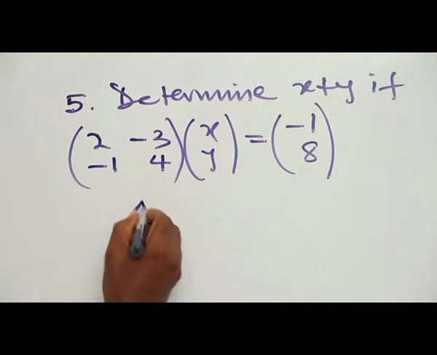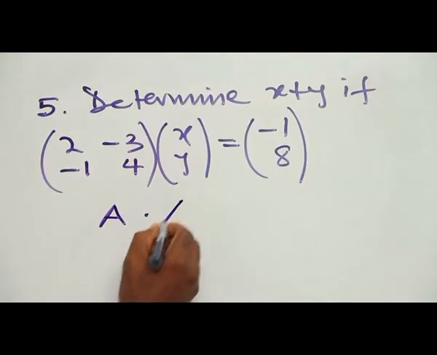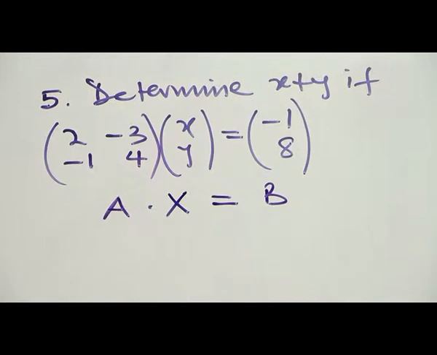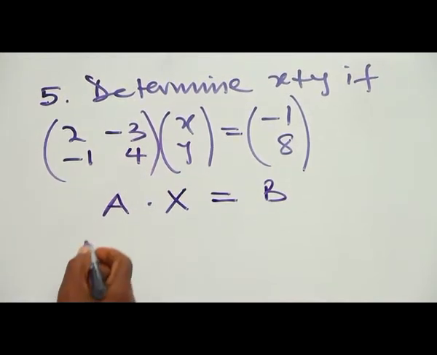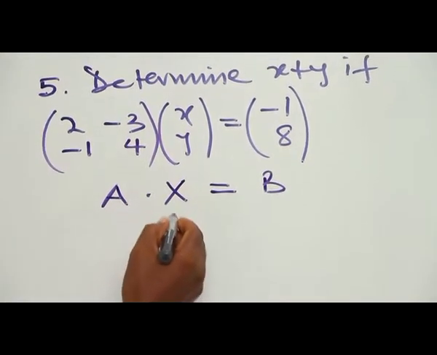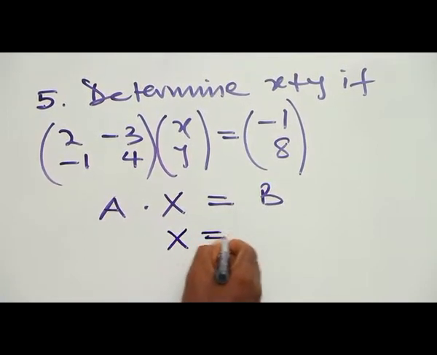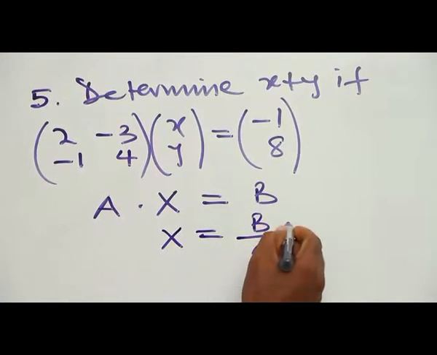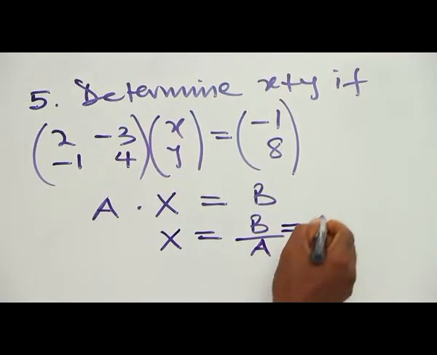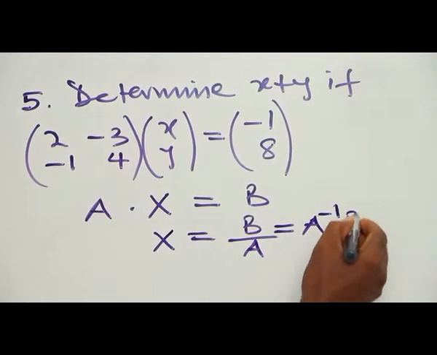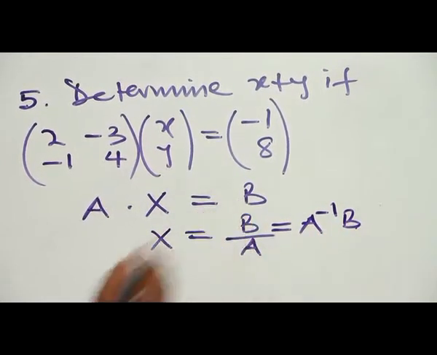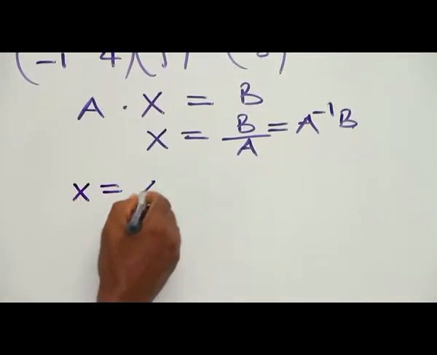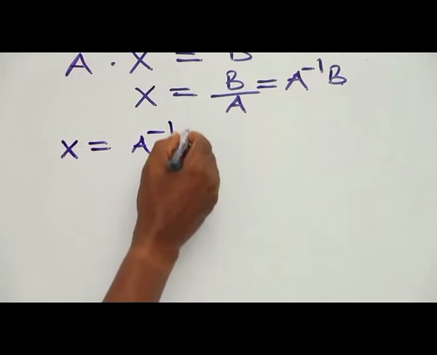It is like saying the matrix A times S is equal to B. Usually, we are to look for the value of S, and that means we are dividing B by A. And the division by A means multiplying the inverse of A by B. Remember the laws of indices. So in the real sense, we are saying that our S is equal to the inverse of A times B.